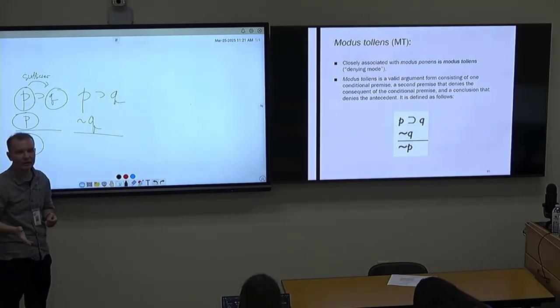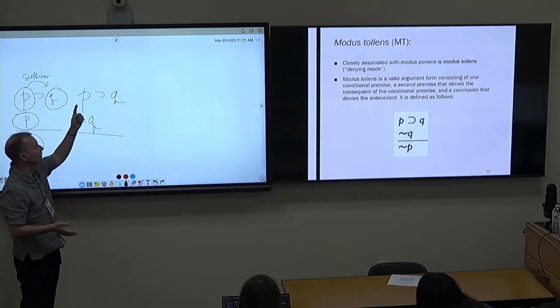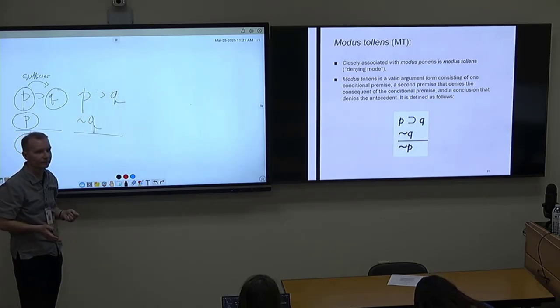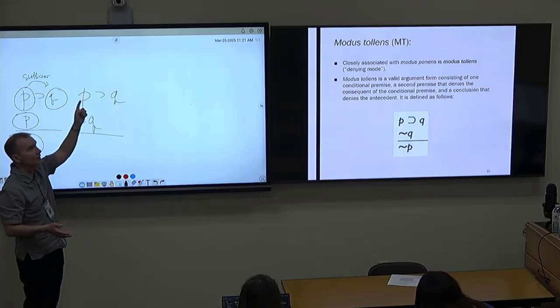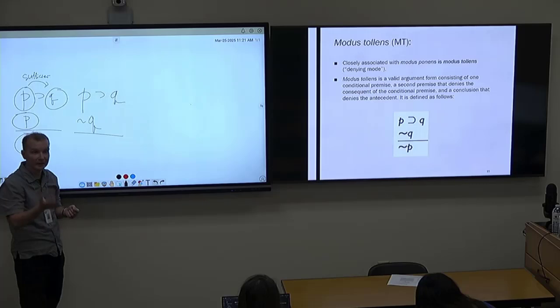And our consequent is what kind of condition? So the antecedent is a sufficient condition, and the consequent is a necessary condition.